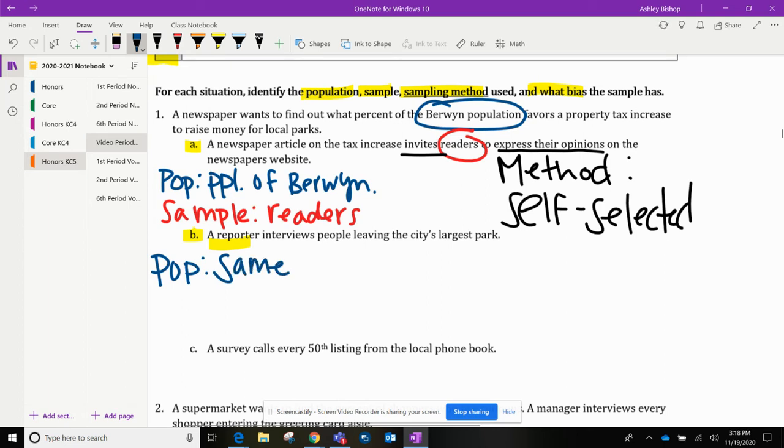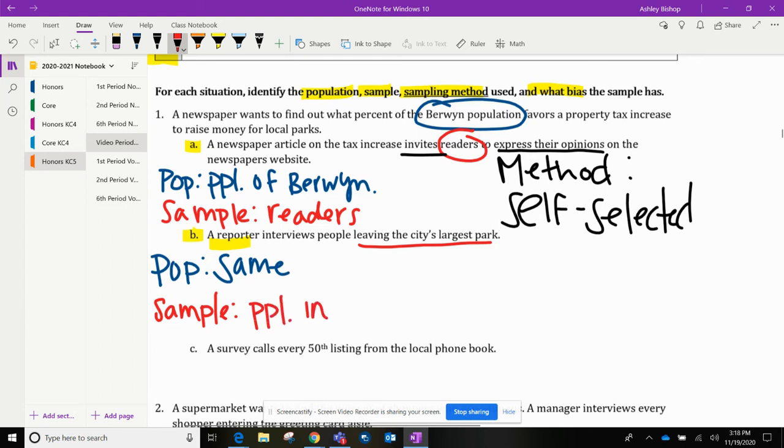But now I'm going to have a certain sample. And my sample is going to be the people that I am able to reach. Remember, the sample is the people that I specifically can reach. My sample is the people leaving the park.